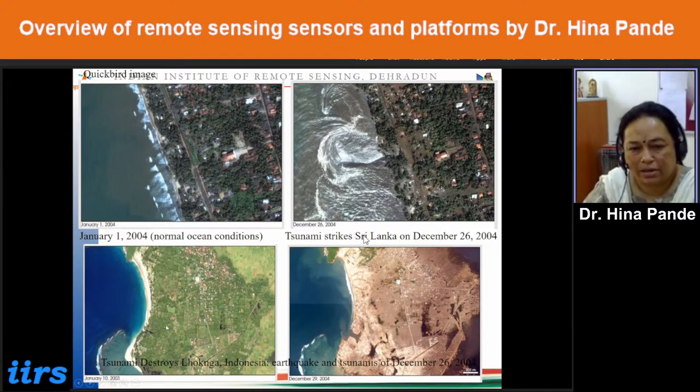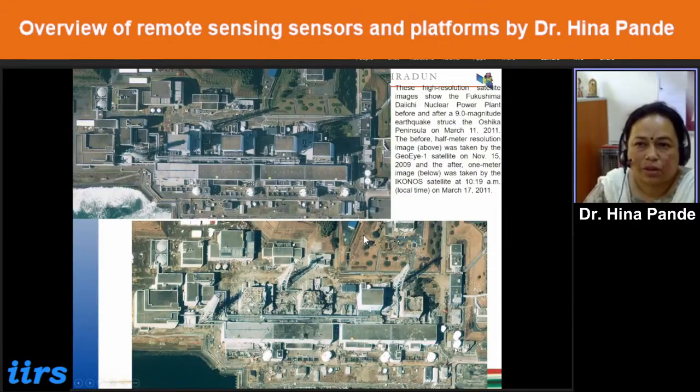Now this is pre-event in an area in Indonesia. This is post-event. So entire area has been devastated by the waves of the tsunami of 2004. Now this is the nuclear power plant in Japan, Fukushima. And here you see this is the pre-event image.